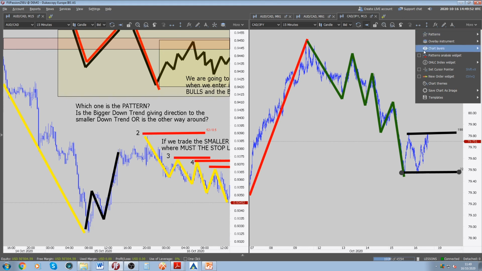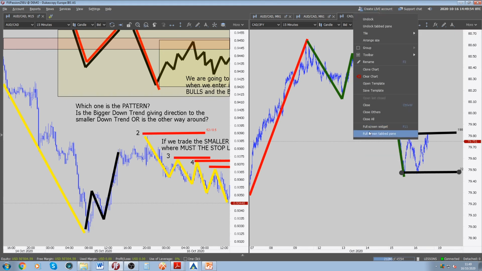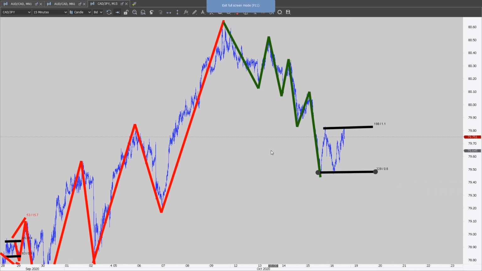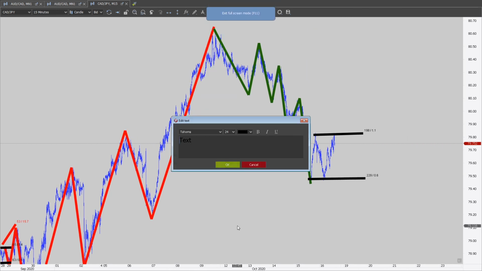Now, those are the three questions, everybody, that you need to think about. Is anything wrong if I, number one, trade the red pattern and put the stop loss below the relevant low?